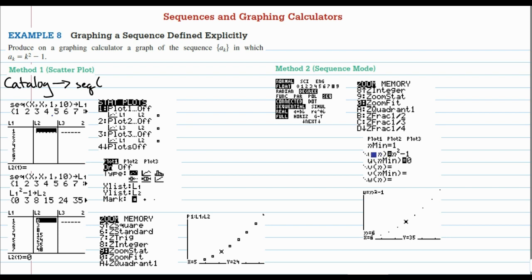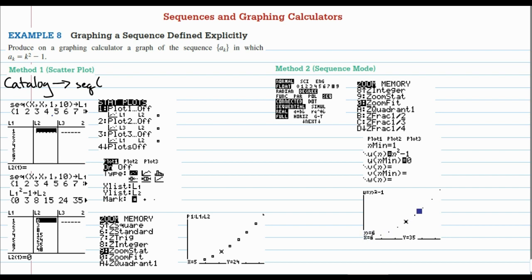So my sequence u, dependent on its nth term, would be n squared minus 1. And the first term, u of my n min, so u of 1 equals 0, because 1 squared minus 1 is 0.